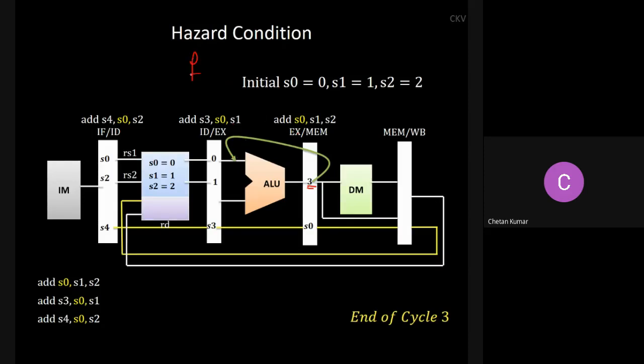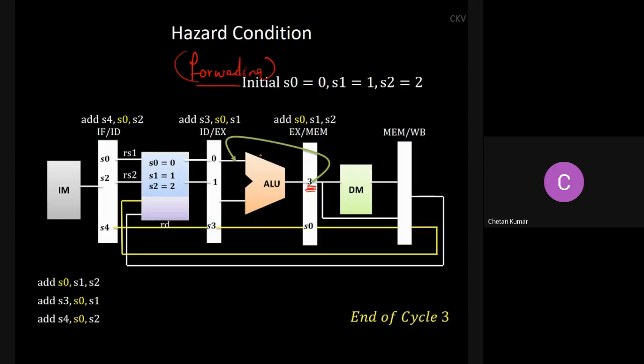Now, this is what you mean by forwarding. Technically, you are actually sending the data back, but you still call this forwarding. There might be some confusion related to that, but try to understand: you are trying to forward the value computed now as input in the next clock cycle.